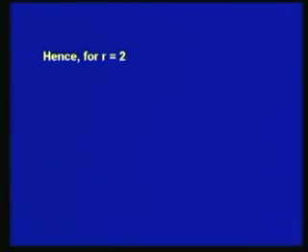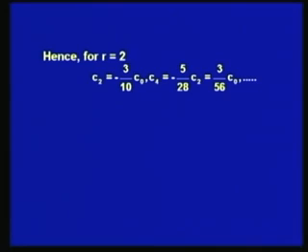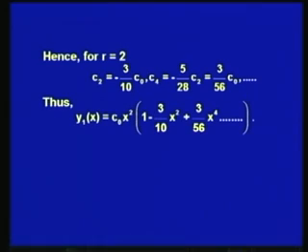Hence, for r equal to 2, we get the value of C2 equal to minus 3 over 10 into C naught, C4 is equal to minus 5 over 28 into C2, which will give us 3 over 56 into C naught when we put the value of C2 in this. And thus we get one solution of the differential equation, y1(x), as C naught x squared into 1 minus 3 over 10 x squared plus 3 over 56 x to the power 4 and so on.